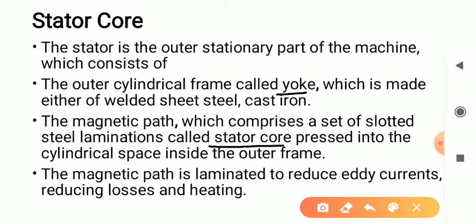The yoke acts as a protecting cover, the outer frame of the machine, whereas the stator core provides the magnetic path. In order to reduce the eddy current loss, like the induction motor, the stator core is also laminated with thin stampings.